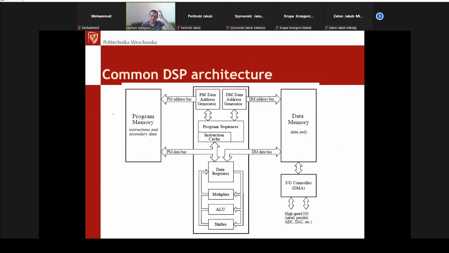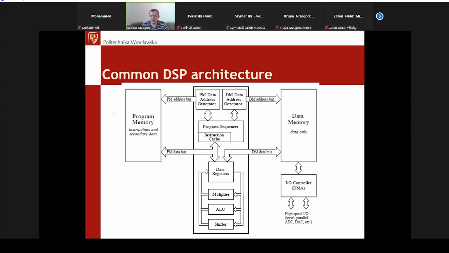In case of the DSP architecture, usually it has a split buses architecture.